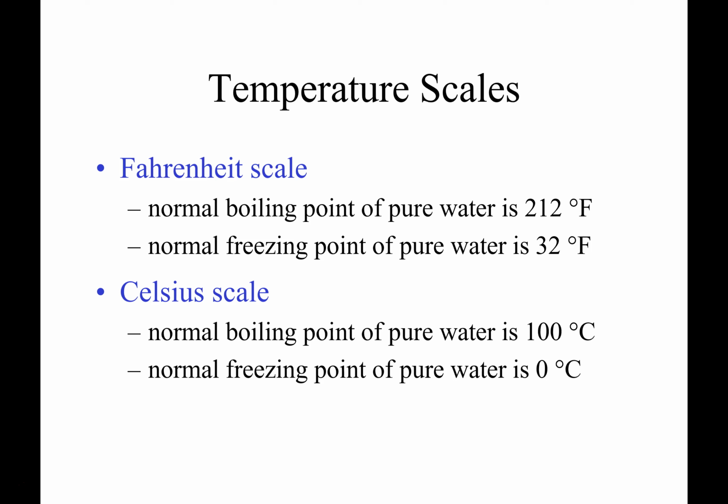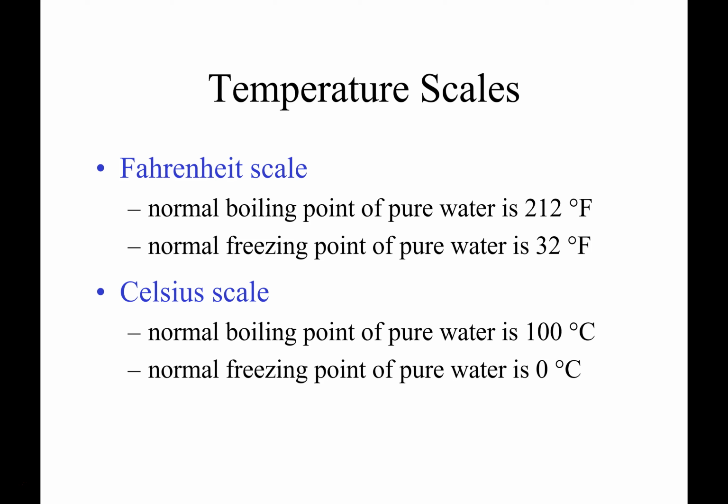You can see that if you look at water and some key stones with regard to water. We say that water will freeze or melt, same thing, at 32, and water will evaporate or condense at 212. So if you count the number of units, there's 180 units between these 2.